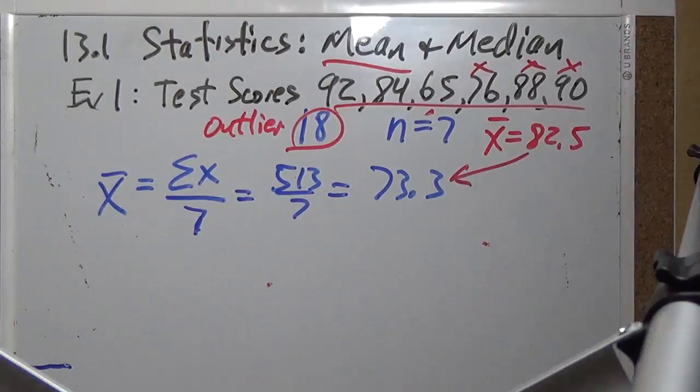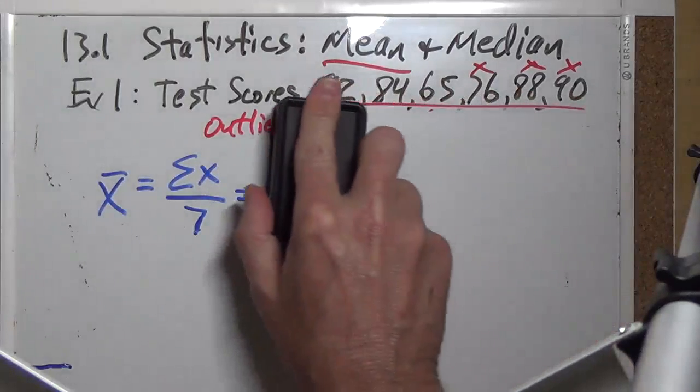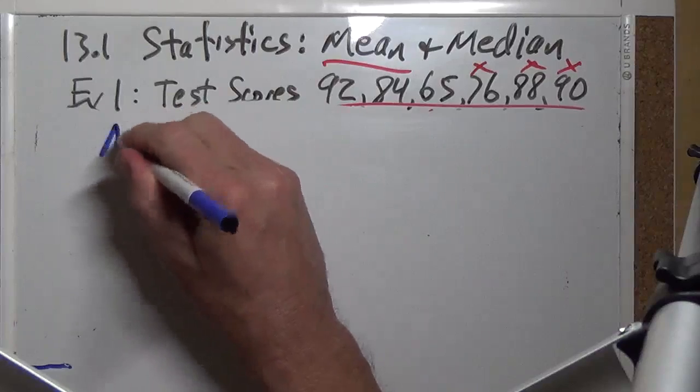Okay, now I'm going to the next example because I'm going to do the median. But I'm going to use this data. Let's leave our 18 out for now. So first, to do the median, we have to put the data in order.